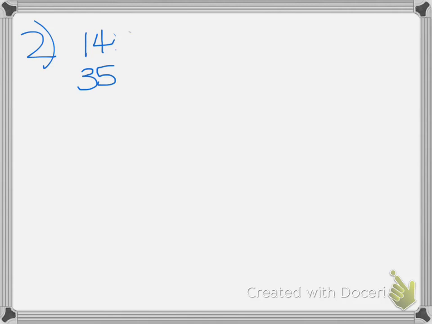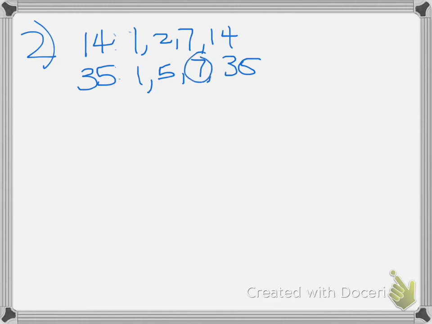All right, I know that 1, 2, 7, and 14 are factors of 14, and 35 I know 1, 5, 7, and 35 are factors, and so if I look at this, I'd circle my 7's here. But if you did the factor tree, now notice I'm listing quickly because I've thought about this and I already know it.